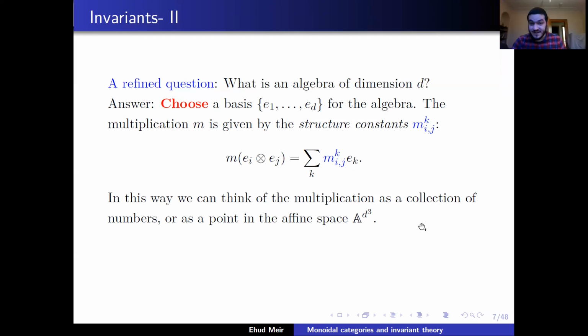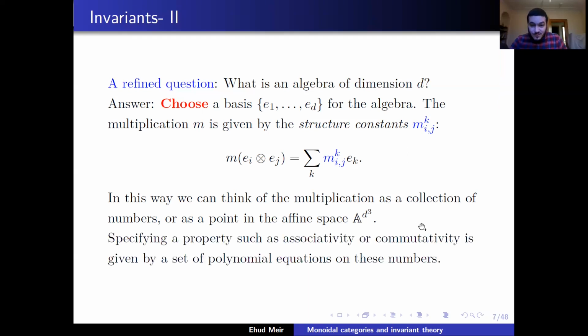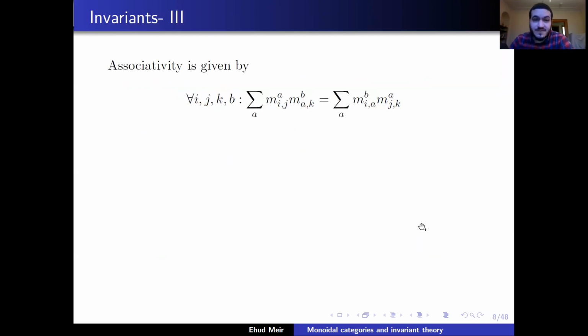Okay, and then specifying a property such as associativity or commutativity is just given by a set of polynomial equations on these numbers. So for example, associativity is given by this kind of quadratic polynomial equations, when we try to evaluate multiplication on e_i tensor e_j tensor e_k. Commutativity is simpler.